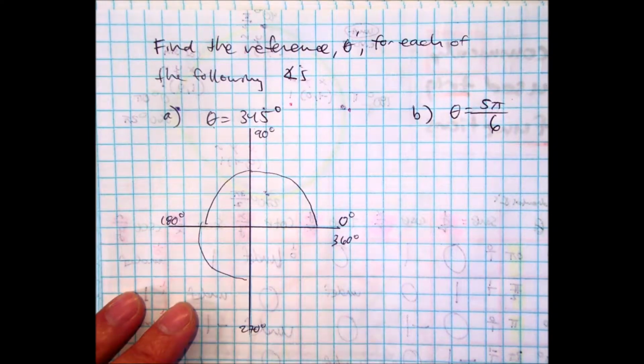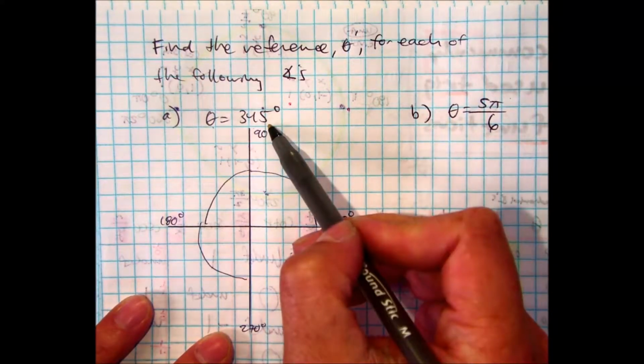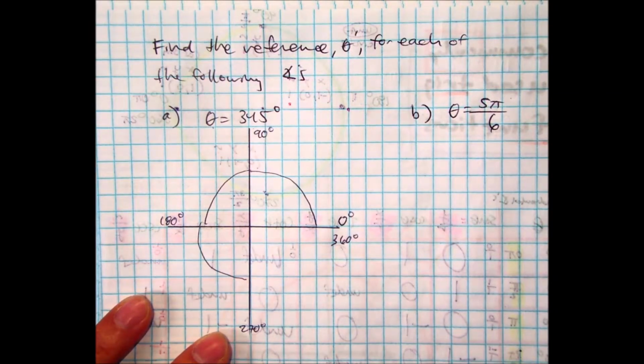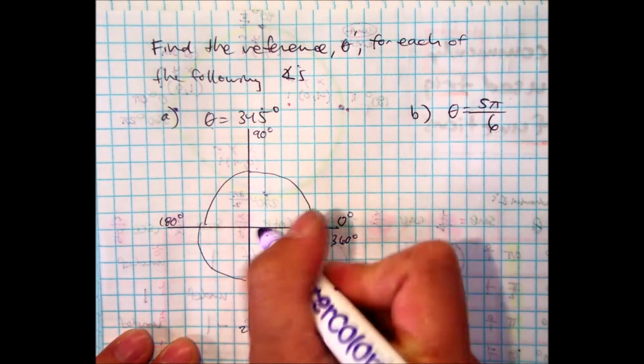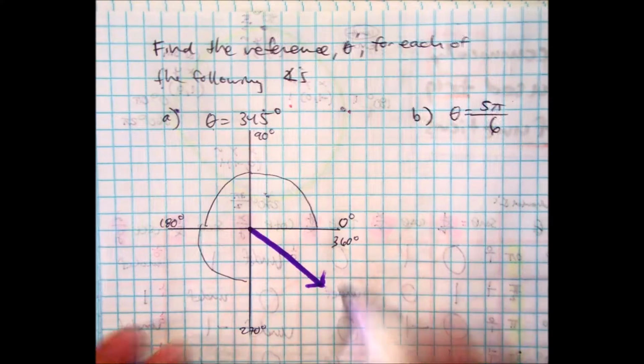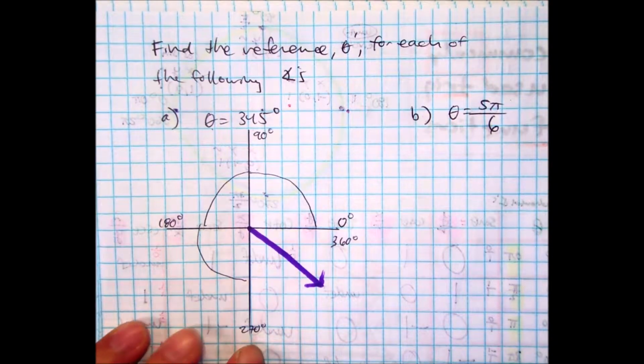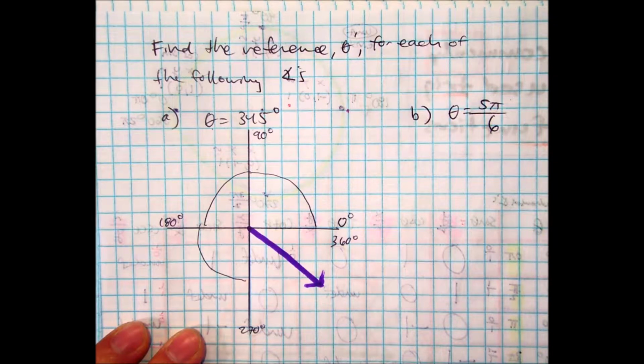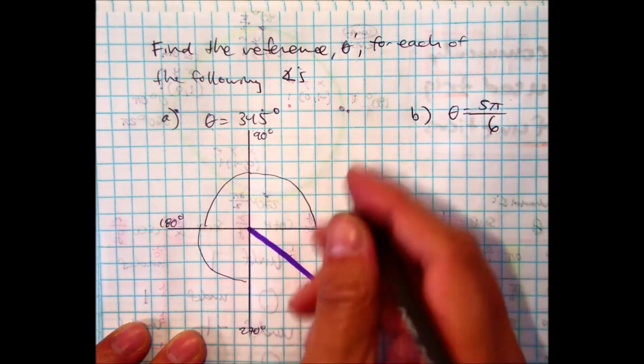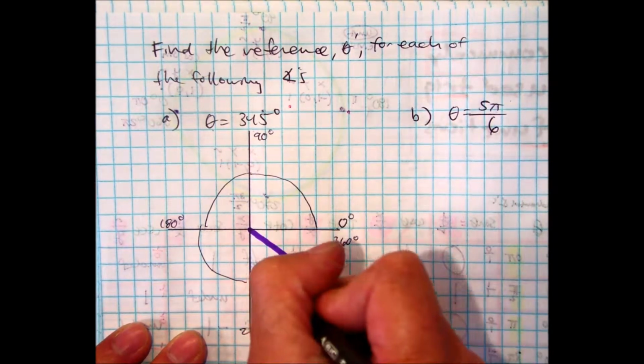Okay, I'm at 270 degrees, and I need to get to 345. So 345 minus 270 is going to give me what? 75 degrees.